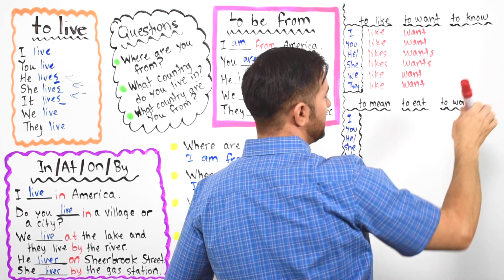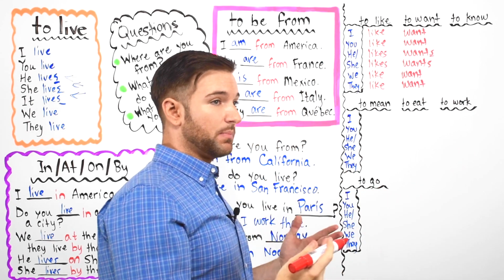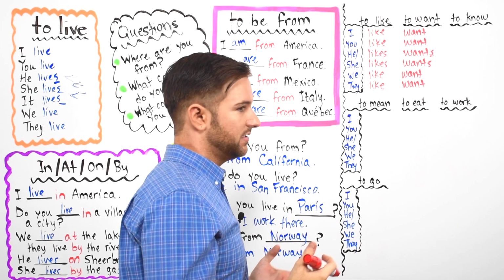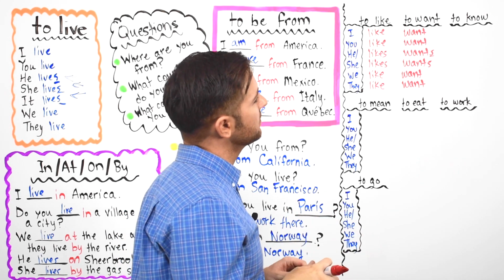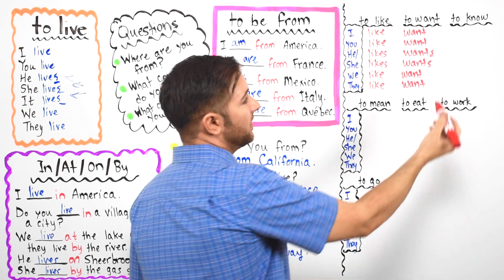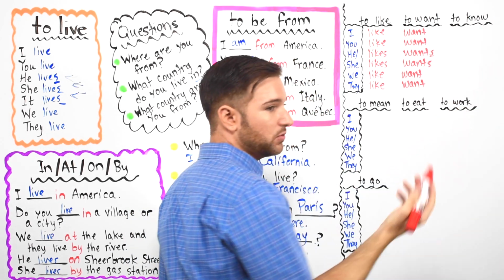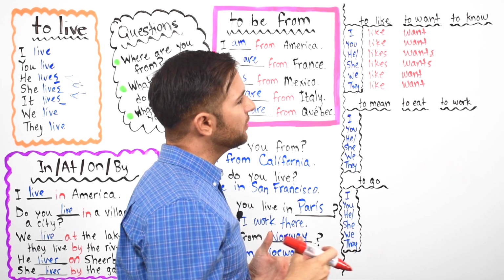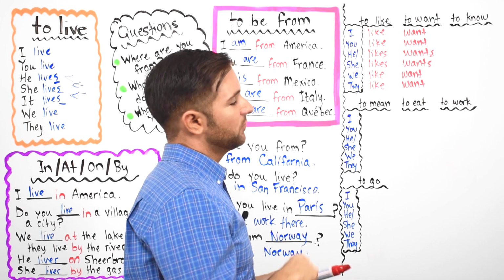Here we have to know. You can say that you know a person. Oh, I know him, he is my cousin. I know him, he is my teacher. I know her, she is my friend's friend, okay? Or you can know knowledge. I know how to speak Spanish. I know how to draw pictures.